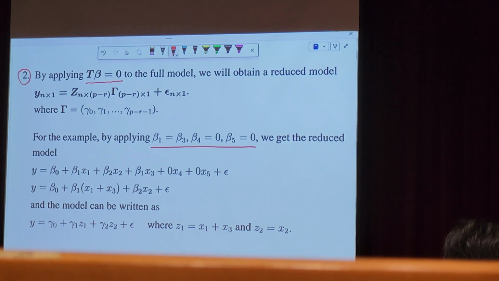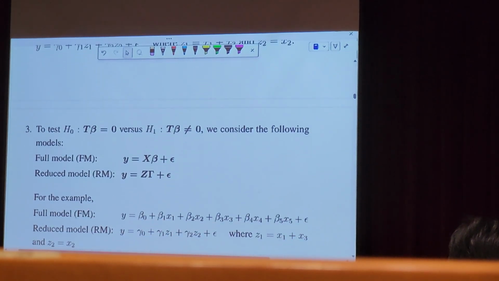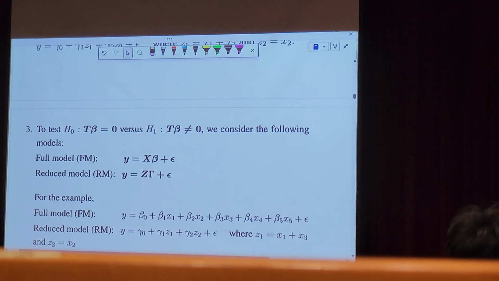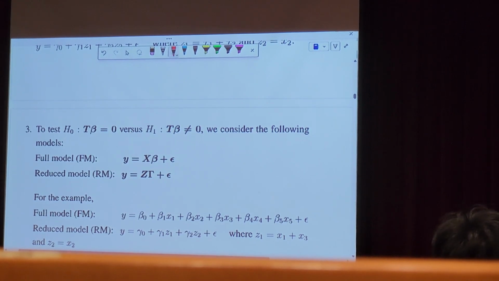So now you know that we now have a reduced model. Okay? So apply this to get a reduced model. So that's point number 3.